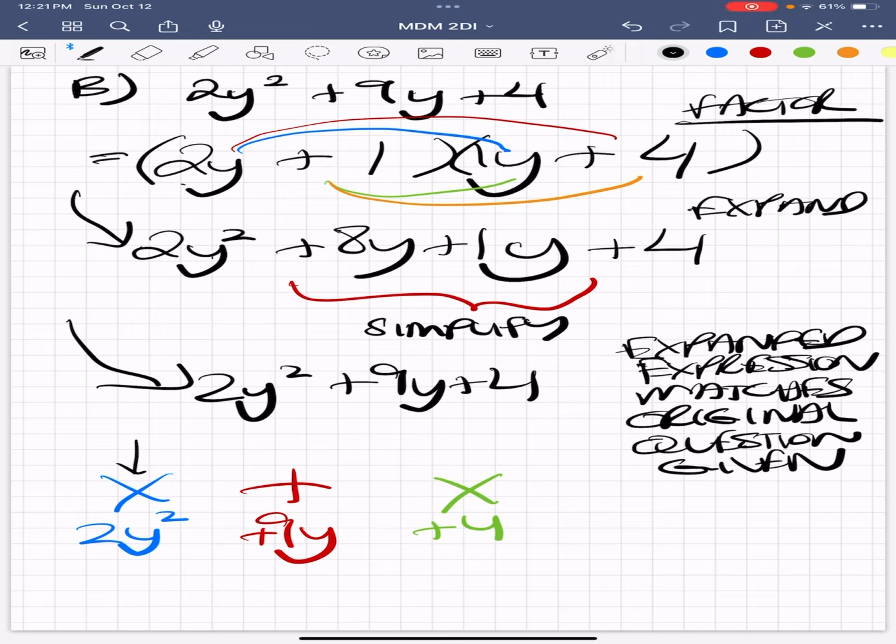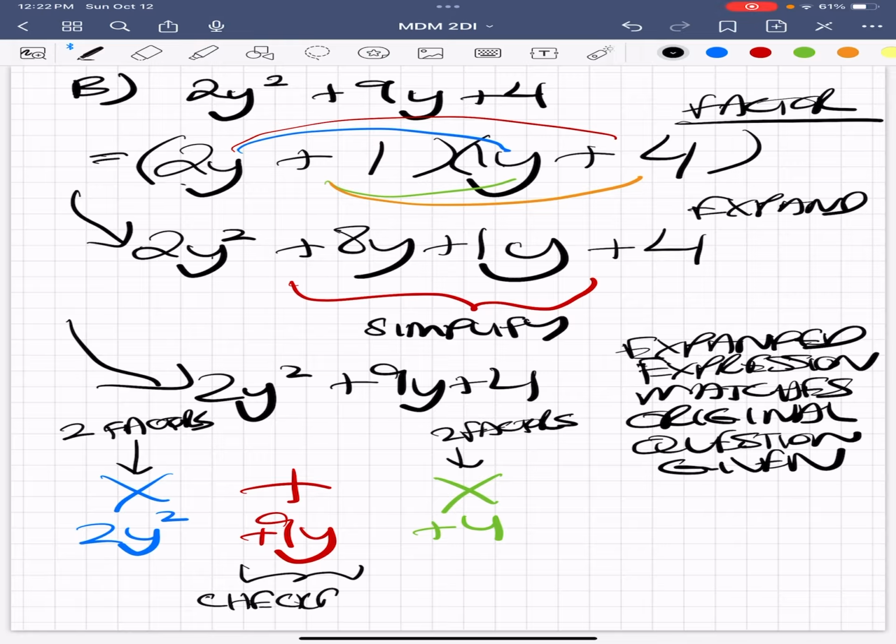And again, we need two factors, and then we need to see if it's checked by expanding with the middle term.